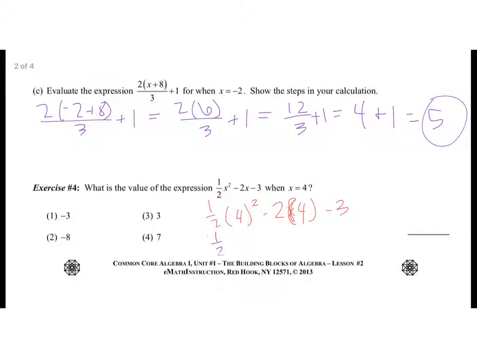So 1/2 times 4 squared is 16, minus 2 times 4 is 8, minus 3. Now we need 1/2 of 16, which is 8, minus 8, minus 3. Well, 8 minus 8 is 0, so negative 3 is the answer.